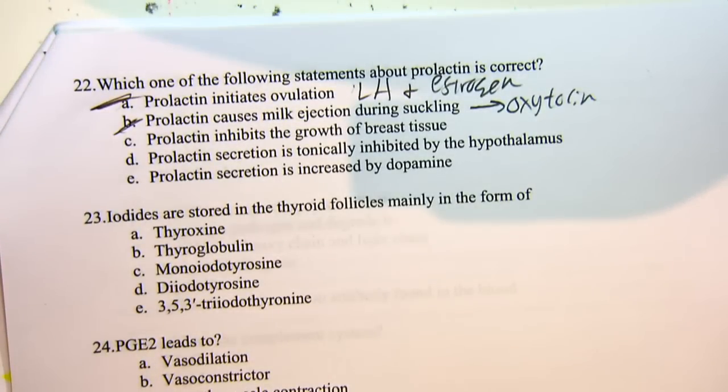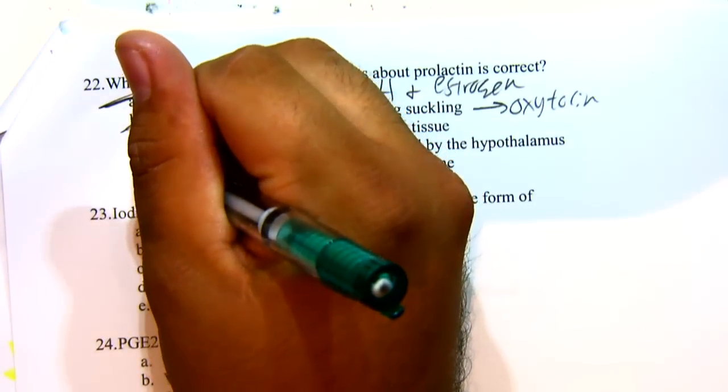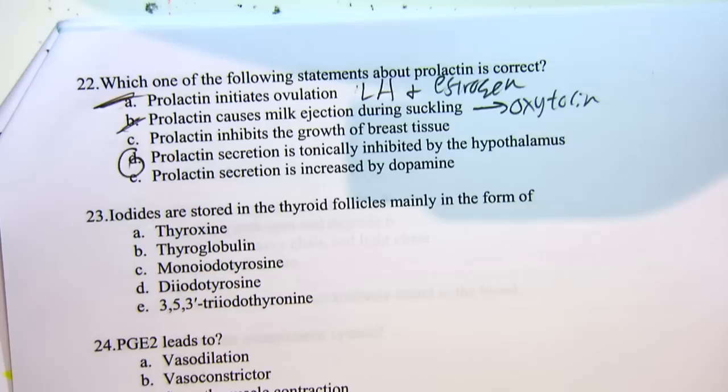Prolactin inhibits the growth of breast tissue. We'll come back to that one. Prolactin secretion is tonically inhibited by the hypothalamus. This one is true. Right?